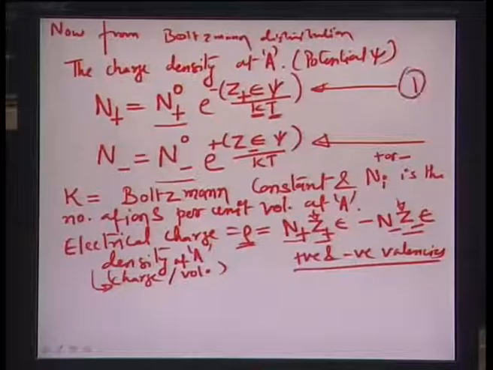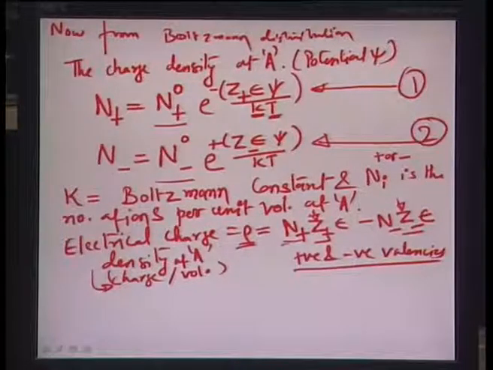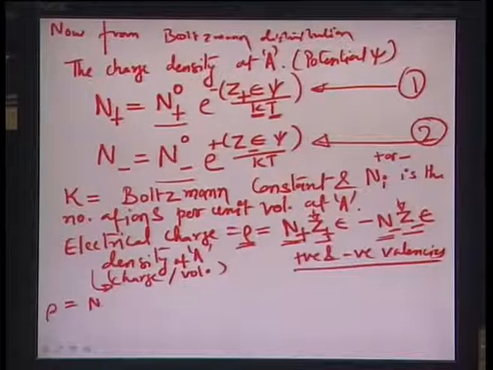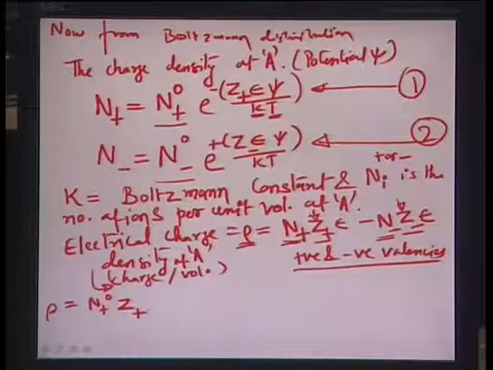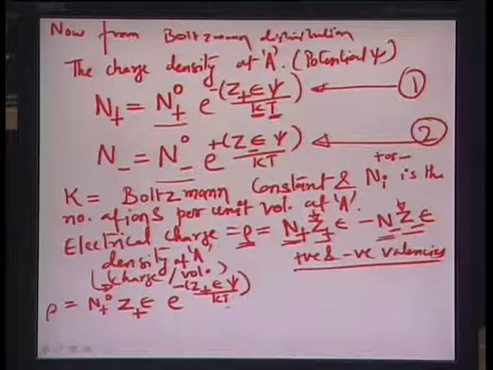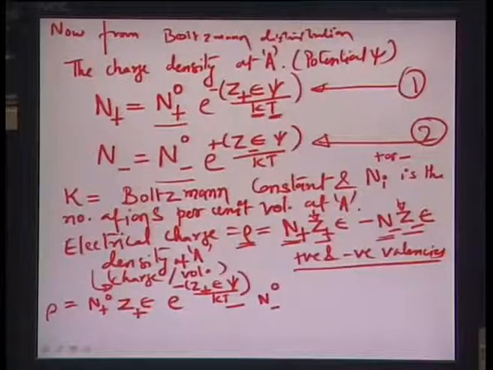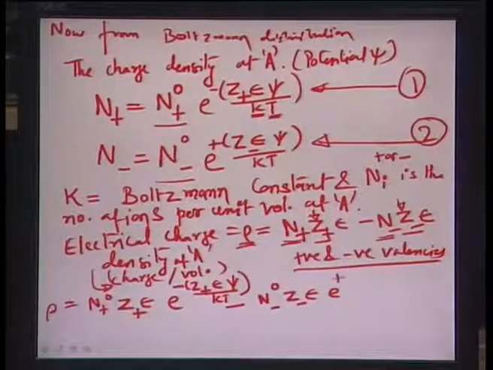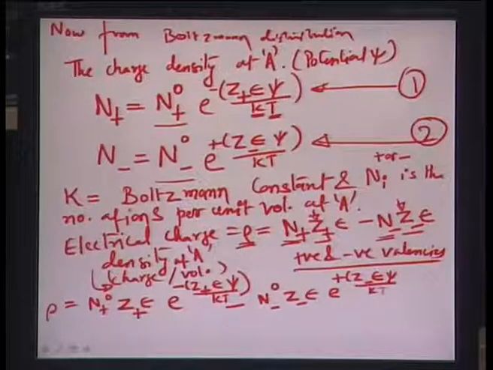So, from equations 1 and 2, we can substitute the values of n plus and n minus and write the final charge density rho as equal to n plus 0 z plus epsilon e to the power of minus z plus epsilon phi by kT, minus n minus 0 z minus epsilon e to the power of plus z minus epsilon phi by kT.